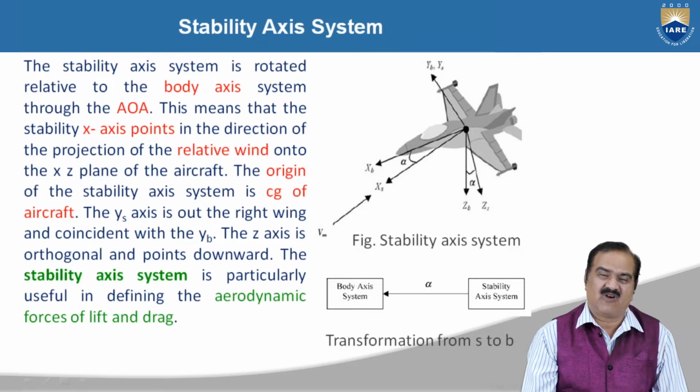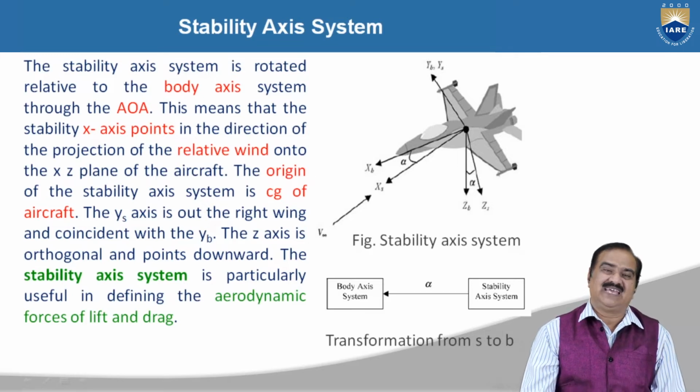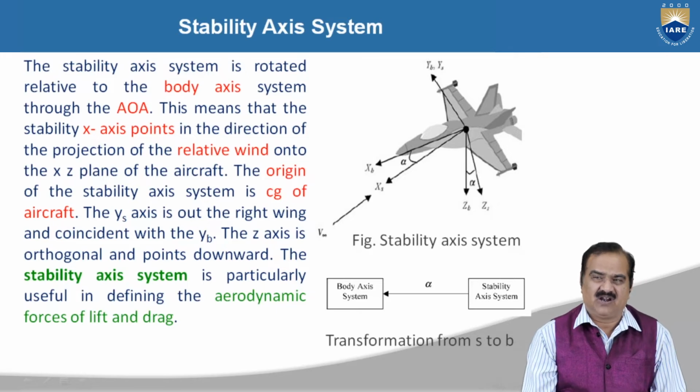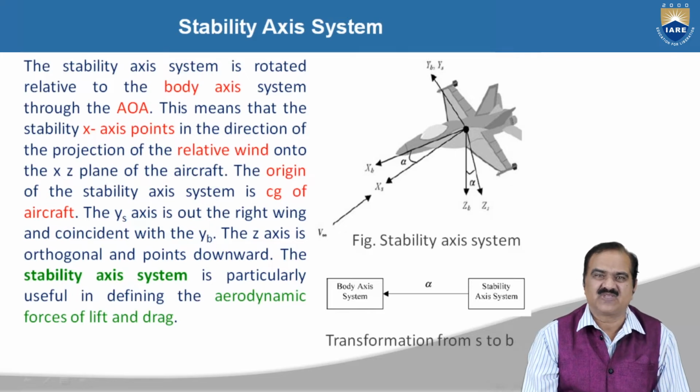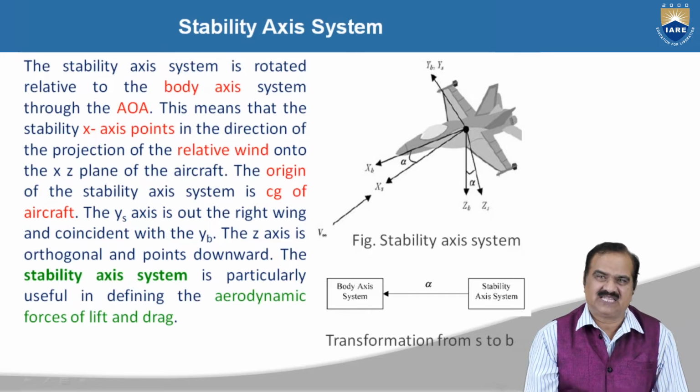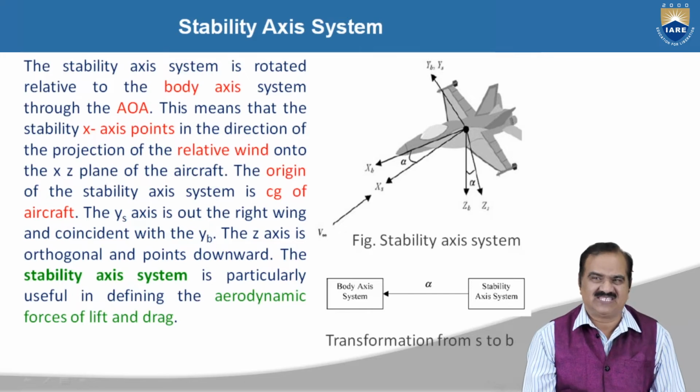YB is from the center of gravity towards the starboard side of the wing. And the third one is ZB, which is perpendicular, towards the earth. This is the right hand rule, so all three axes are perpendicular to each other.